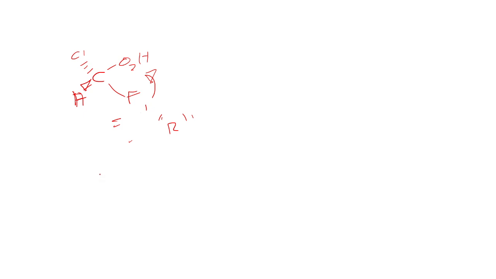Remember, you can swap any two things, and that will always give you the enantiomer, right? So I swap my H and my Cl. And that's my other enantiomer, isn't it? Clockwise is S, or is it counterclockwise S?